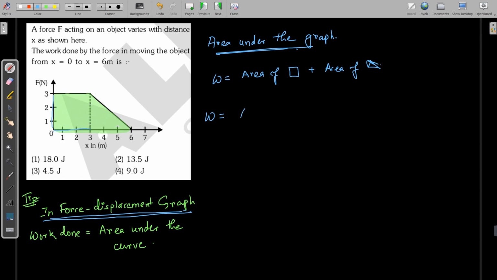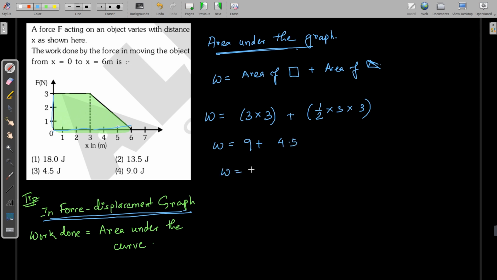So 3 into 3, right? 9, plus area of the triangular part. That is half times base times height. The base is 3, and 6 minus 3 is 3. And the height is also 3. So here we get 9 plus 9 by 2, that is 4.5.